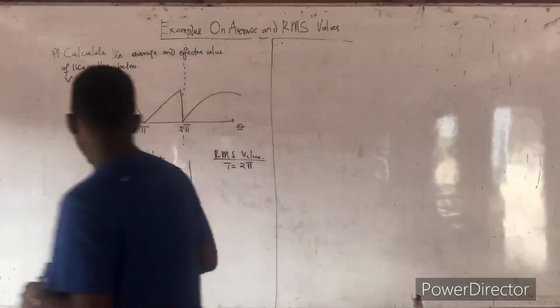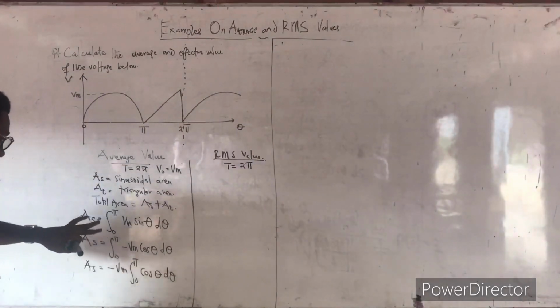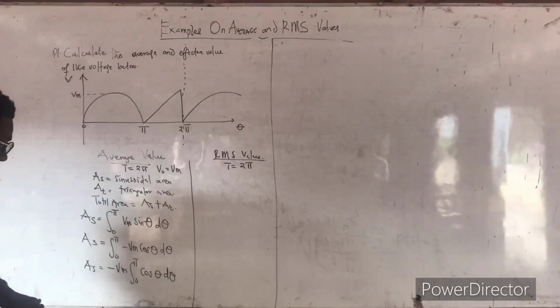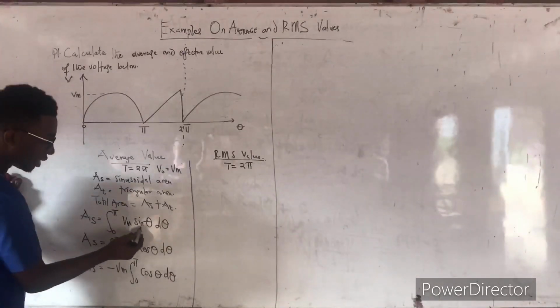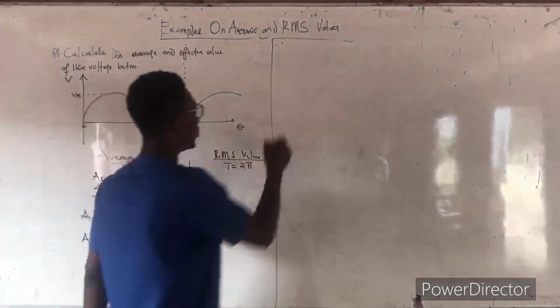Okay, so this is when we've integrated the function. So what happens here is that anytime you integrate sine, you get a minus. That is why the minus came in.